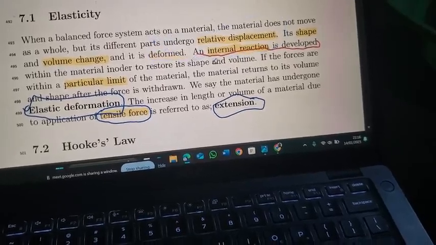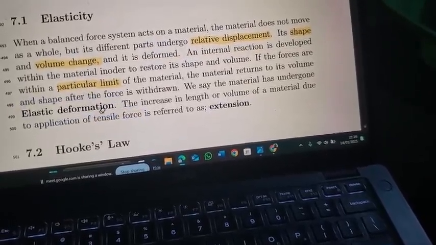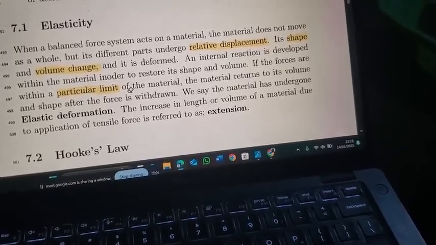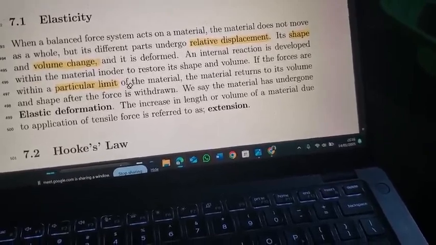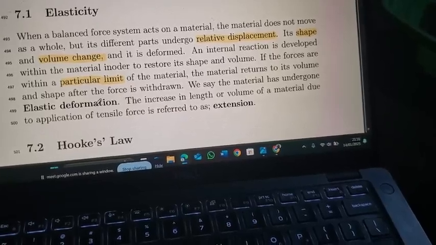So a material that behaves in such a manner is called an elastic material. An elastic material is one that returns to its original size and shape after what we call deformation.